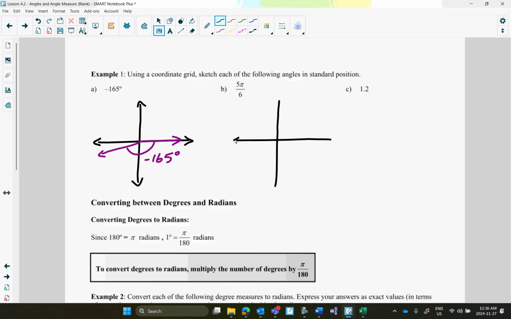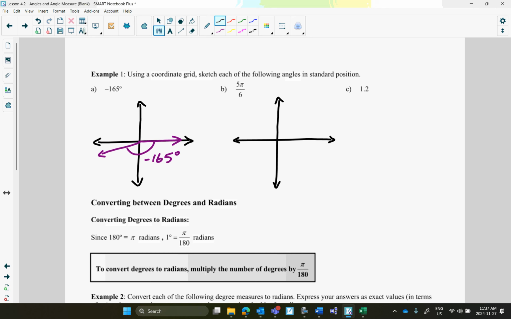This one's in radians. Well, I suppose what you could do is plug in 3.14, the pi key, times 5, divide by 6, get your answer as a decimal, and then you know where 1 radian is. So you could probably guesstimate where that would be.